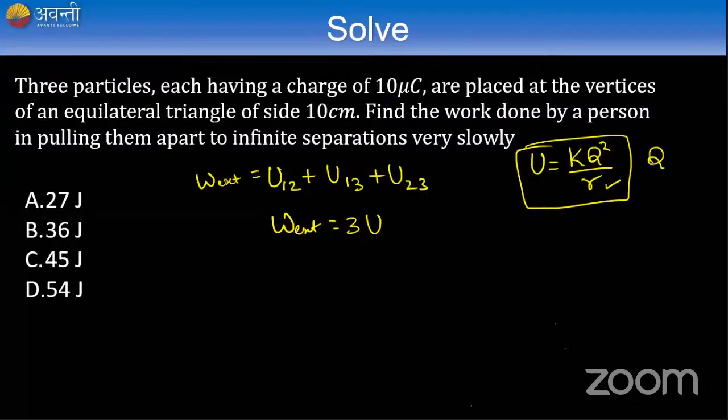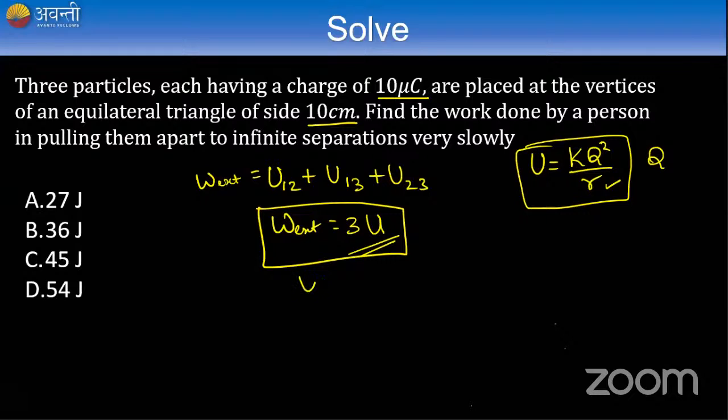In the question they have given same charge, same distance. All three particles have same charge and same distance. And I know the electric potential energy is kq square by r. Then if U is equal to kq square by r, then work external will be equal to 3 times of U. Can I write this?